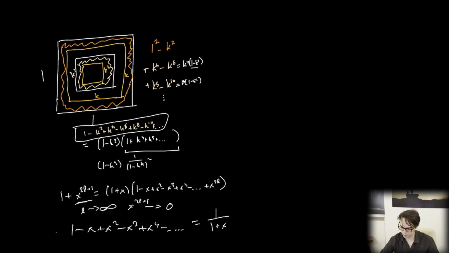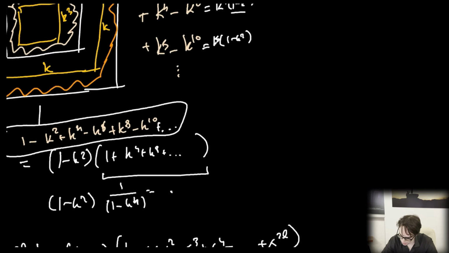Another way to think about this, and here x is then going to be equal to k squared, you'll get the same thing. Because this is a difference of squares, 1 squared minus k squared squared, and you get the 1 minus k squared, they cancel out, and you get this is 1 over 1 plus k squared.